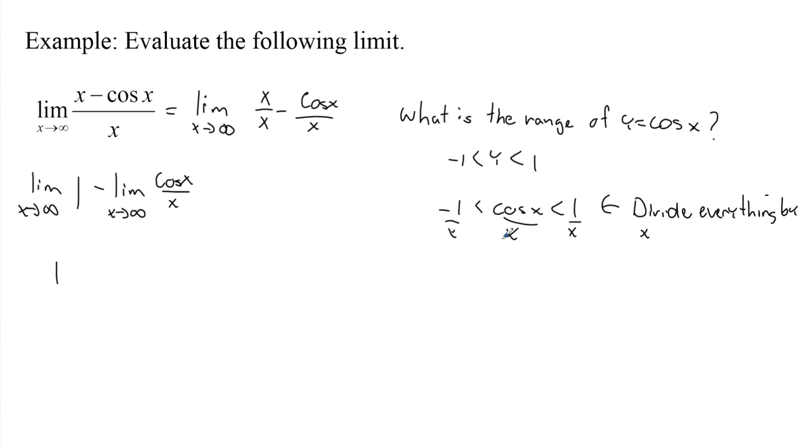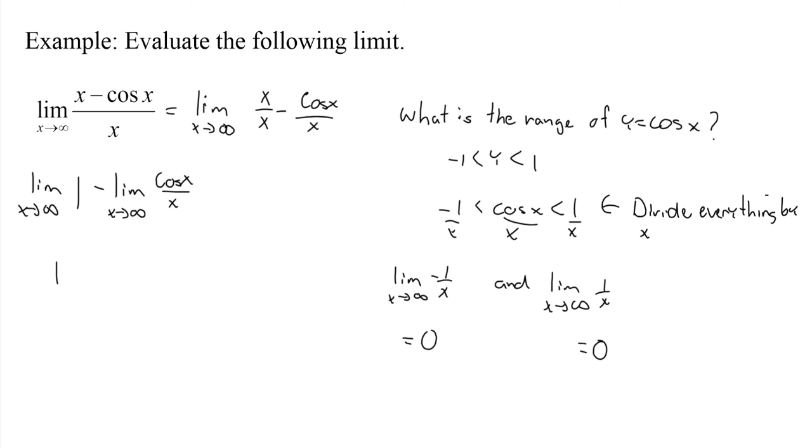Since the signs aren't going to change, and this is always going to be true, if I took the limit of all of this, the limit as x goes to infinity of negative 1 over x, and the limit as x goes to infinity of 1 over x, both of these things equal 0.